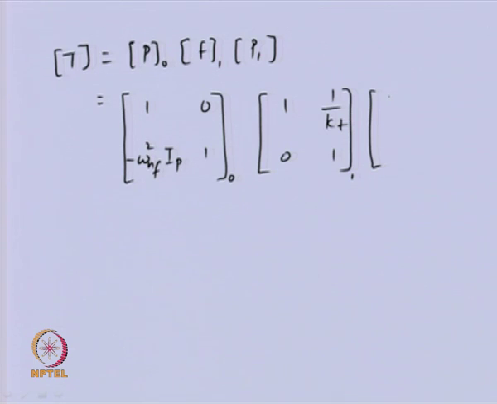Then the point matrix for disk 1, or station 1, is this one. Now we can multiply these. If we multiply these two, point matrix at 0 station and field matrix at station 1, we will get this.